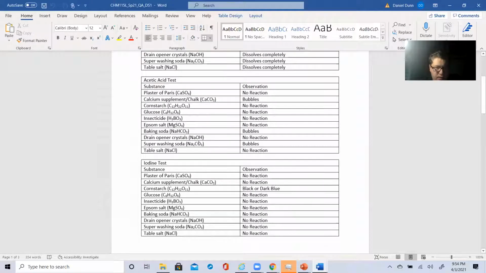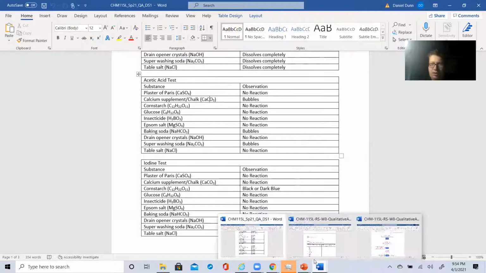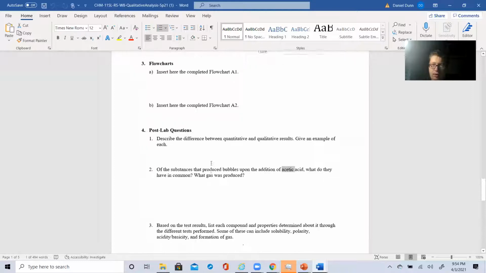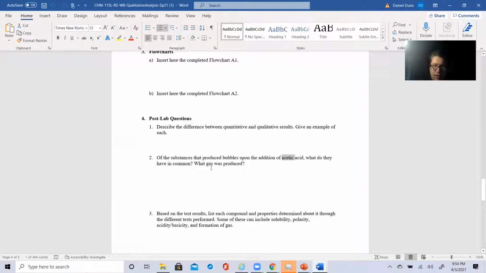Okay. Bubbles. Na2CO3. Bubbles. CaCO3. Bubbles. So it can't be Na. Hey, it's the CO3. So what type of gas is being formed from that? Well, what gas do you think? Please put that.